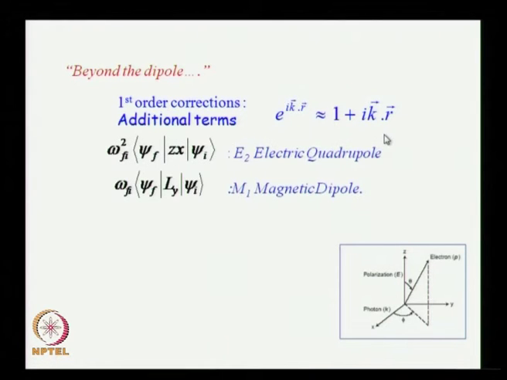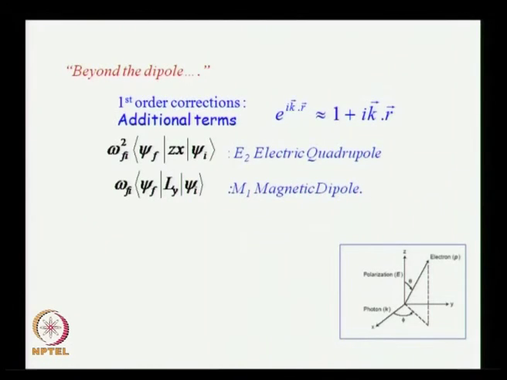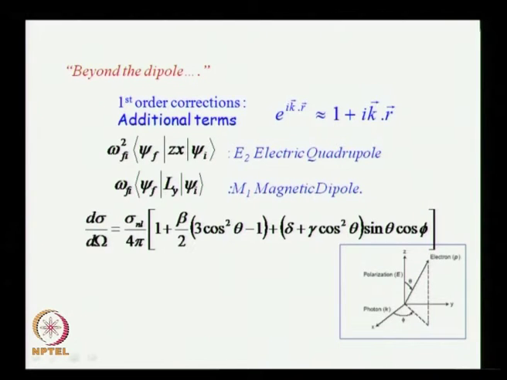Okay. So, what kind of corrections does it introduce? You need to consider matrix elements of some other operators, not just the dipole operator, but you get some other operators like the electric quadrupole operator and the magnetic dipole operator. So, these get into the picture, and you have to include corrections for these when you go beyond the dipole approximation.